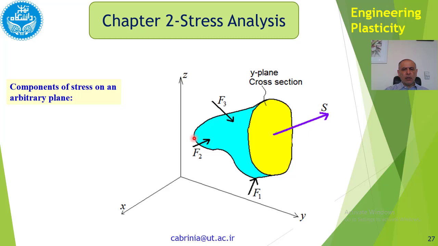As we talked about before, in a body which is under the action of stresses or traction forces, we can have different planes. We could consider different planes at only one point, and depending on the angle of these planes, we get different states of stresses.